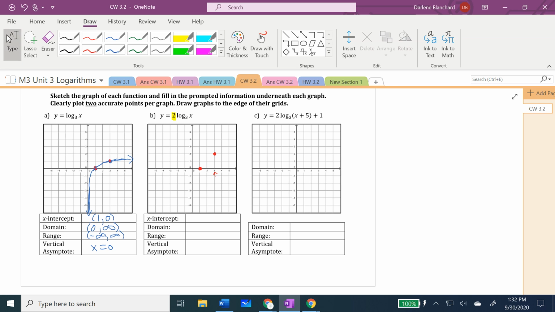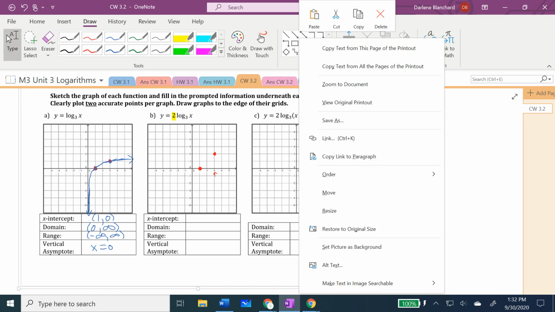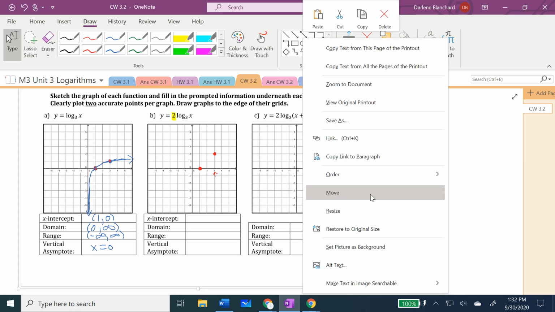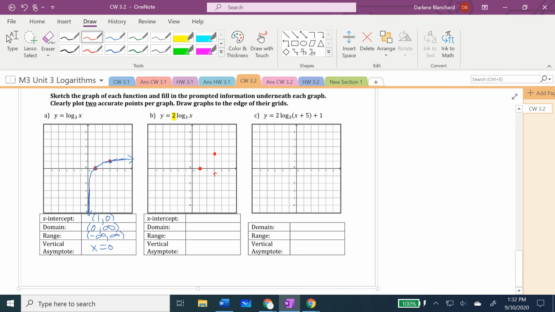But other than this point, it's really hard for me to see that you have stretched it, because this isn't a graph that really shows it's stretching all that well.